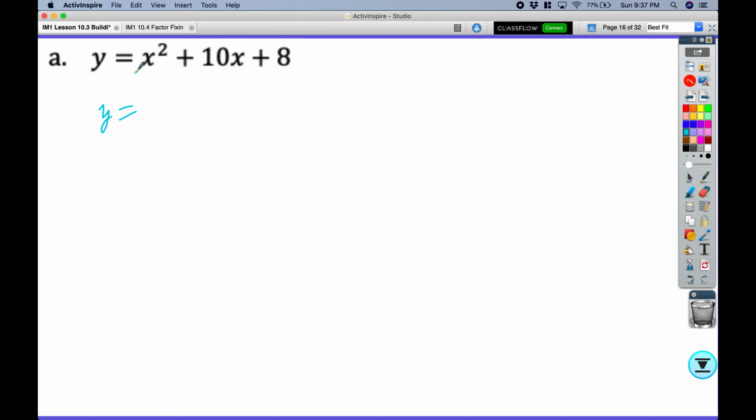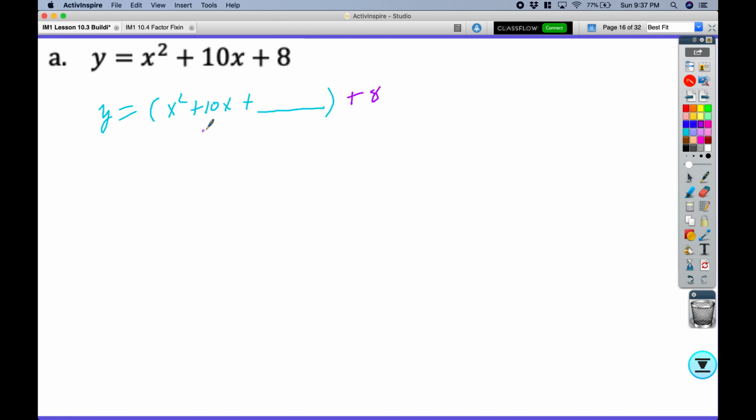And then I'm going to group the ax squared plus bx, and I'm going to make a new value for my c. So I'm going to have x squared plus 10x plus this number that I'm going to make so it makes a perfect square. I'm going to take this plus 8, and I'm just going to leave it out here on the side. It's not included in my perfect square. We already figured it out. It doesn't work. It's not a good fit.